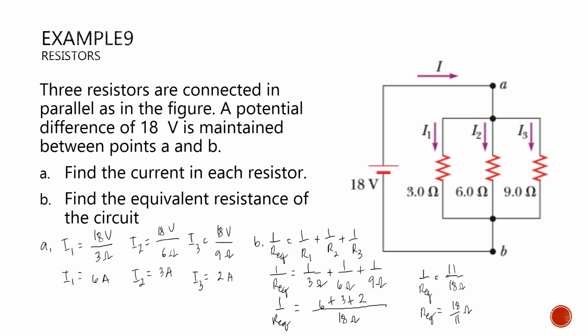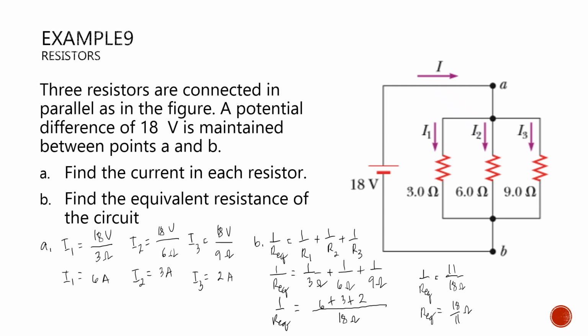And we can verify using Ohm's law if this is the correct answer. By adding the current values here, for a parallel connection, I is equal to I1 plus I2 plus I3. And if we multiply that I by the equivalent resistance, the result should be 18 volts. So that is the second option.